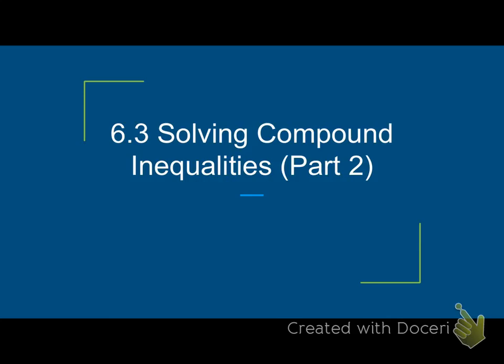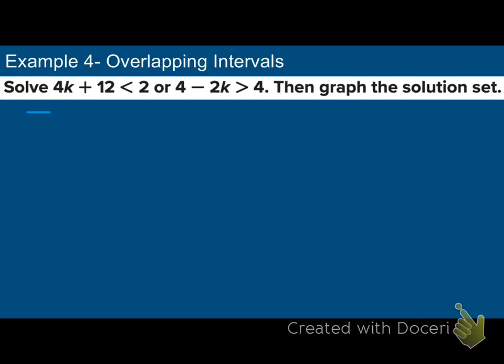Only one of the inequalities has to be true. Yeah, correct. The number only has to be true for one of my inequalities or the other. It doesn't have to be for both like our and compound inequalities. So, that was just a little quick recap before we get into the last half of 6.3.